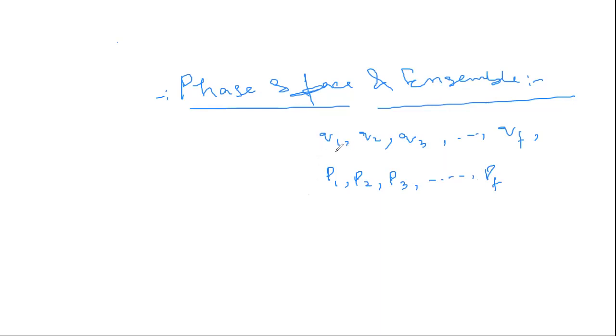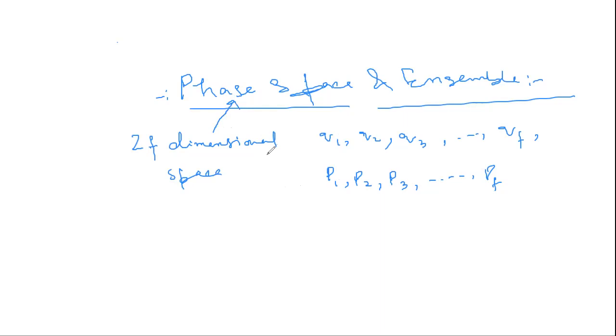So we specify the state by constructing a 2F dimensional space, one dimension corresponding to each coordinate and momentum, called phase space.